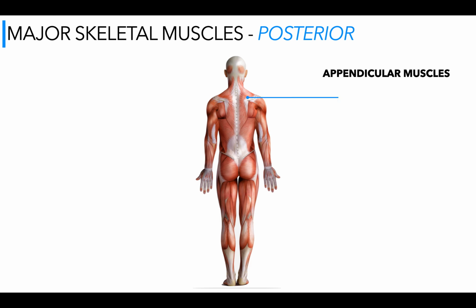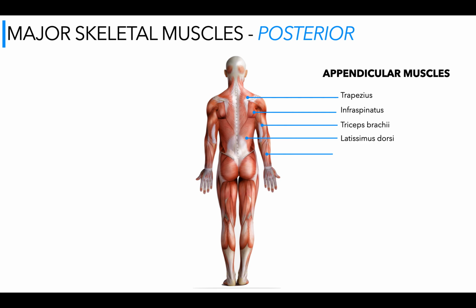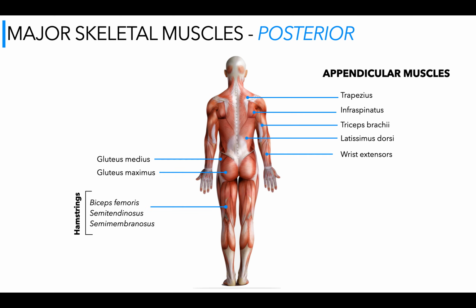From the posterior side, we have the trapezius, the infraspinatus, which is one of the four rotator cuffs we need to know, triceps brachii, latissimus dorsi, wrist extensors, gluteus medius, gluteus maximus, the hamstrings group, which becomes three: biceps femoris, semitendinosus, semimembranosus.